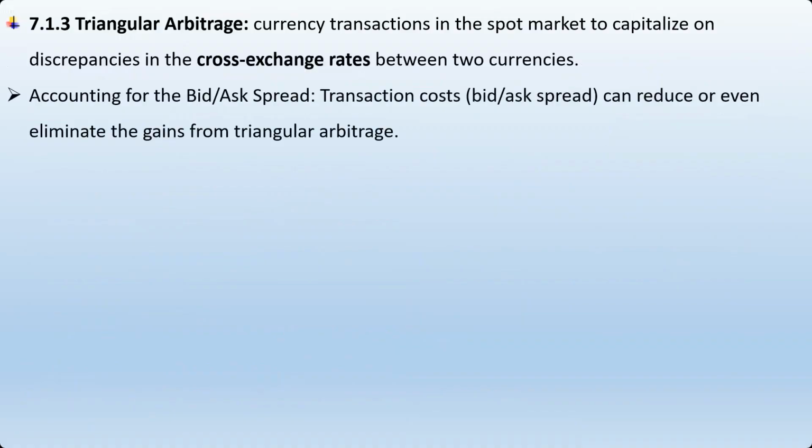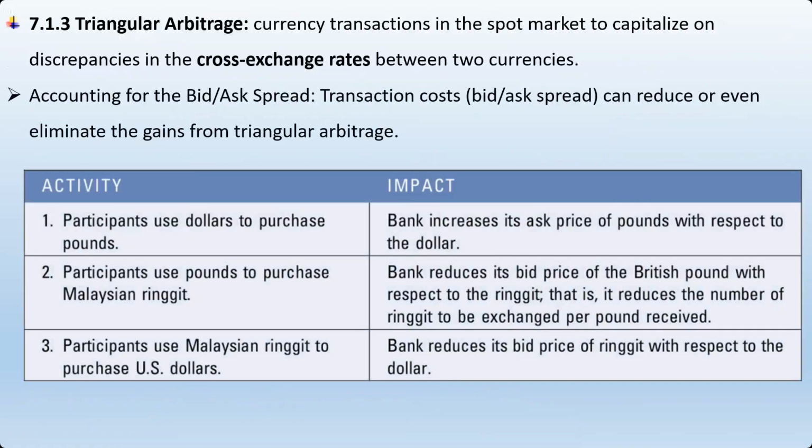If we account for the bid-ask spread, the first step is we use US dollars to purchase pounds. When we have a bid-ask spread, we have a bid rate and an ask rate.